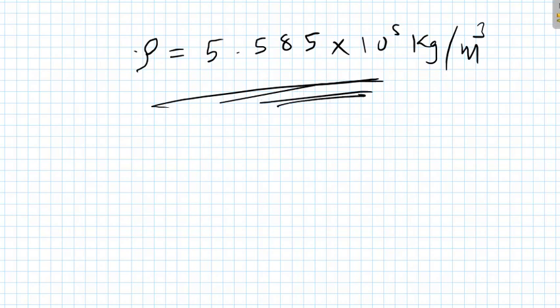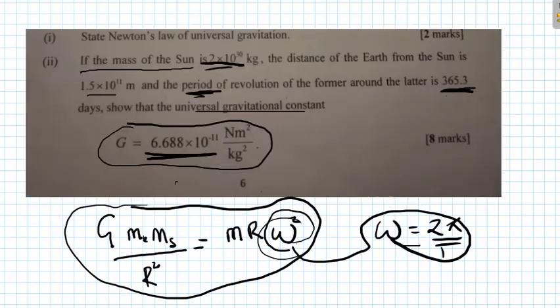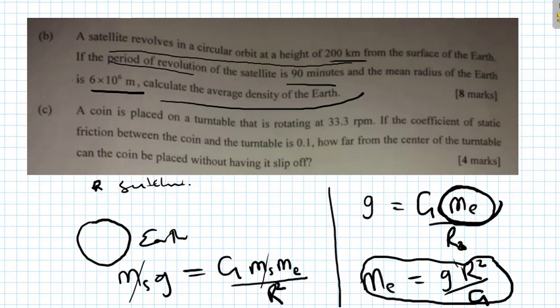This is our answer. Okay, so let's look at the next question here, which is C. It says a coin is placed on a turntable with this. If the coefficient of friction is that, how far from the center of the turntable can the coin be placed without tipping off?